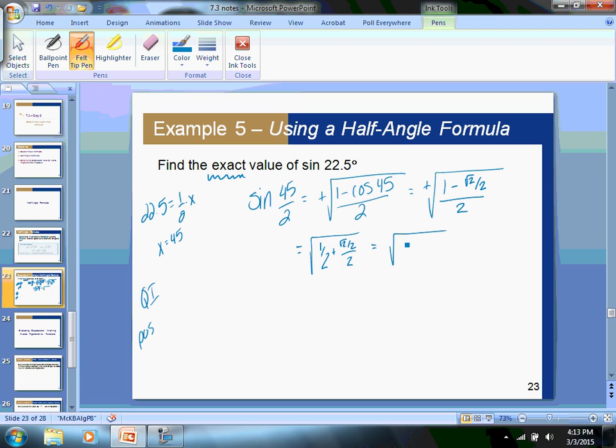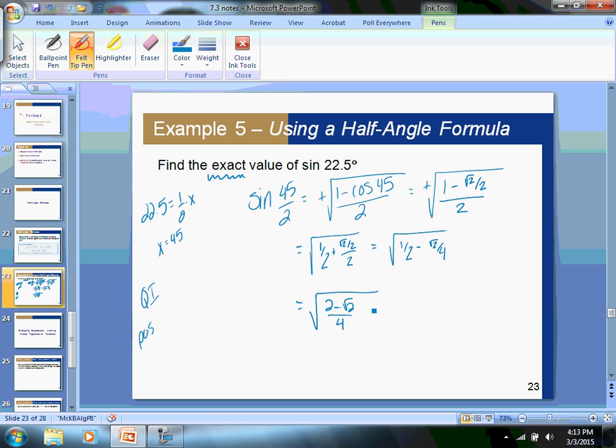So this is really the square root of 1/2 minus the square root of 2 over 4. Then I could find a common denominator. 1/2 is really 2/4, so this is going to be 2 minus the square root of 2 over 4.